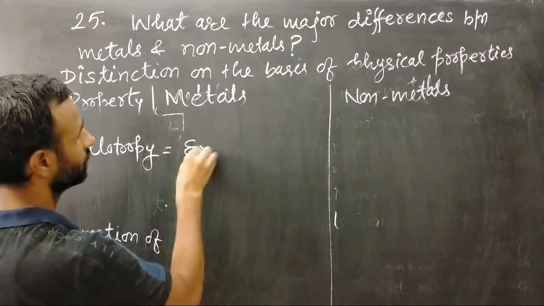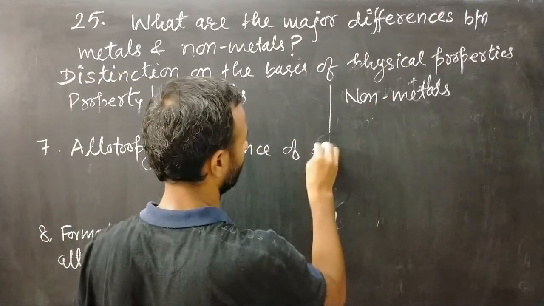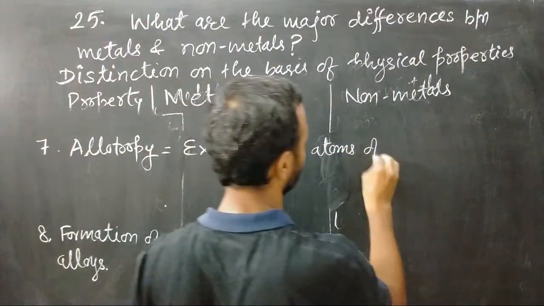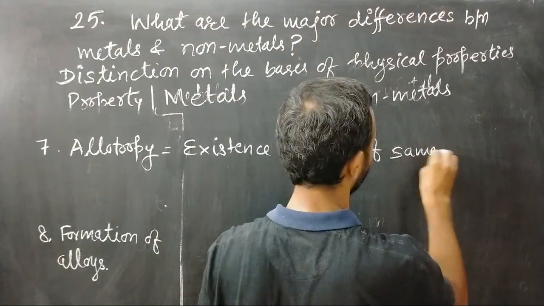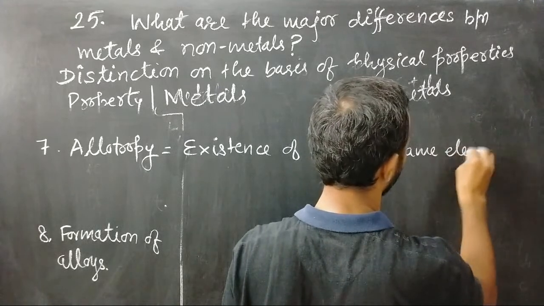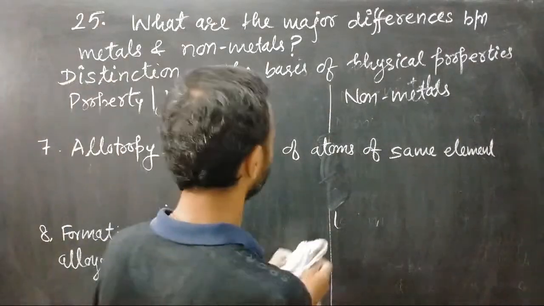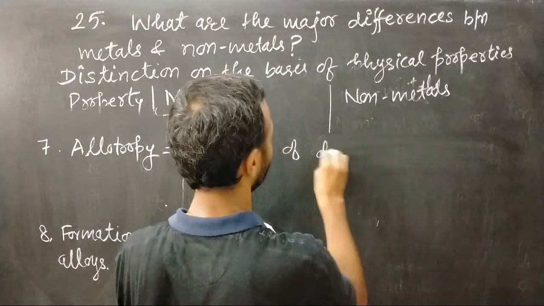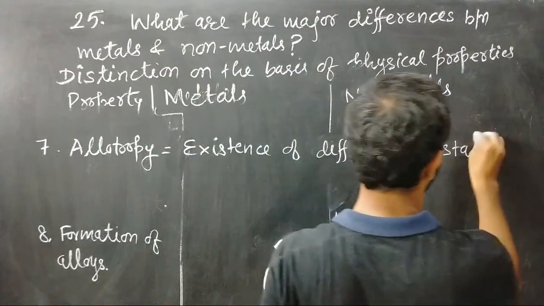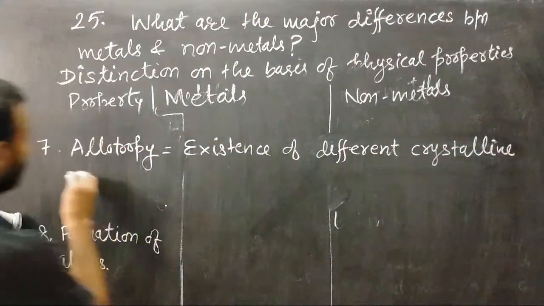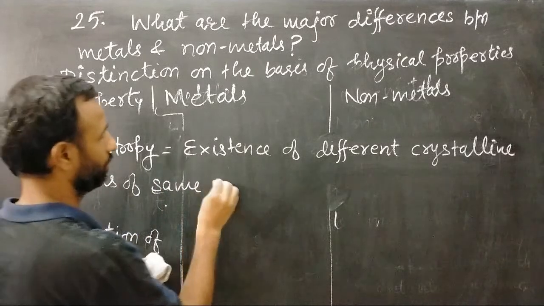Allotropy means existence of different crystalline forms of the same element.